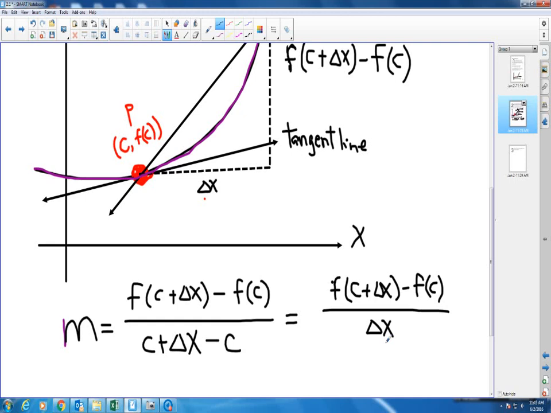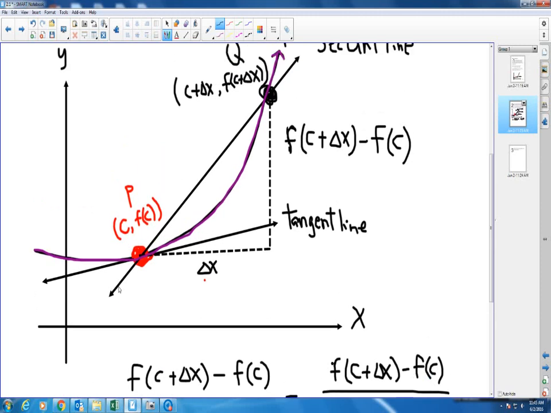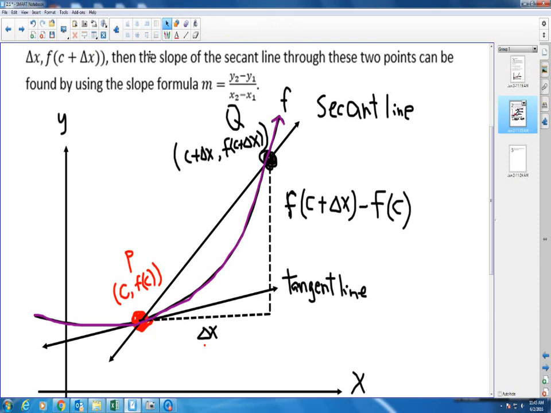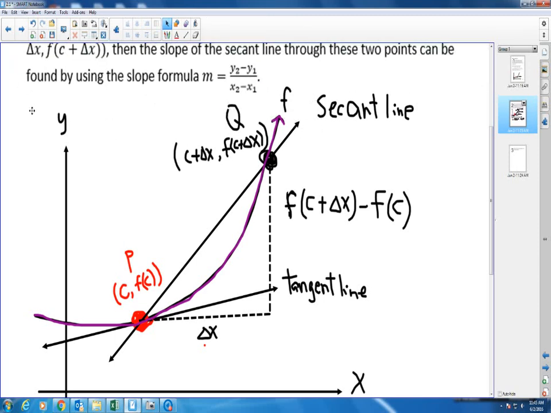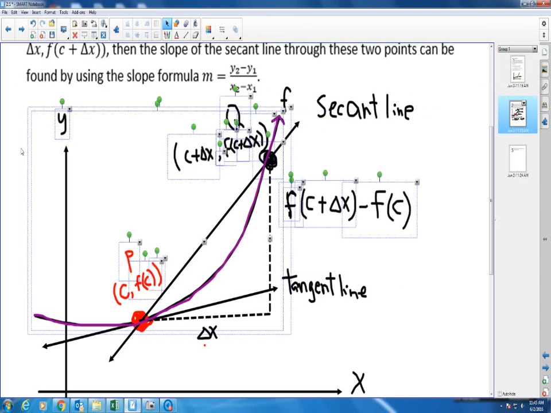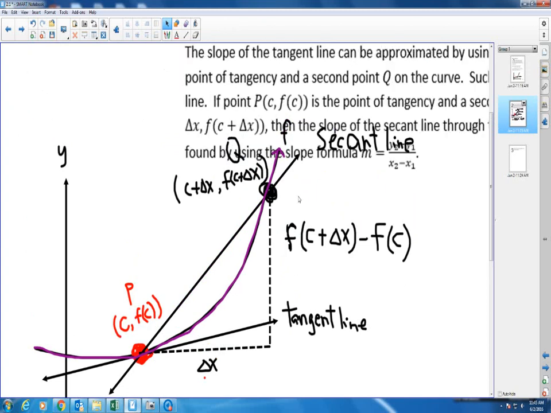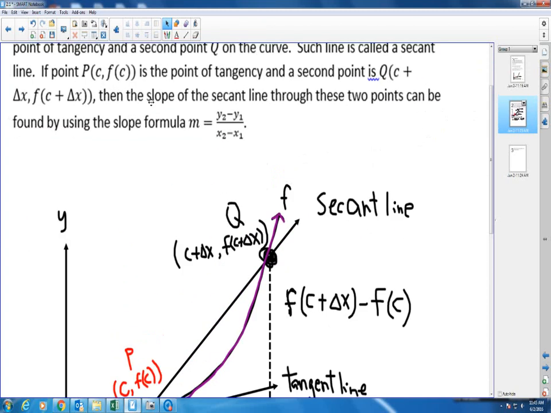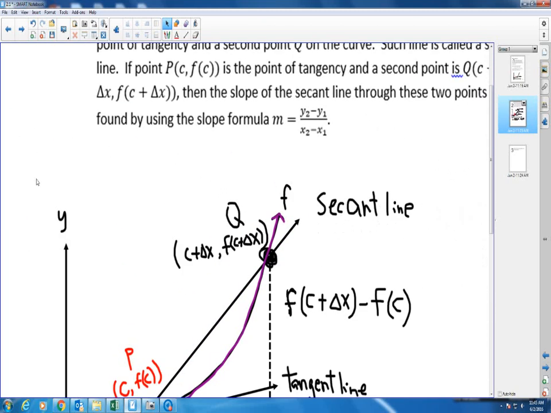So basically, I'm using the slope of a straight line to formulate the slope of the secant line. Alright. Let me copy it and bring it down to the next page.